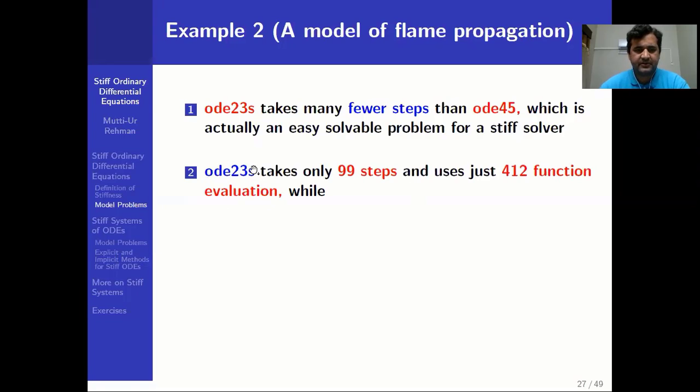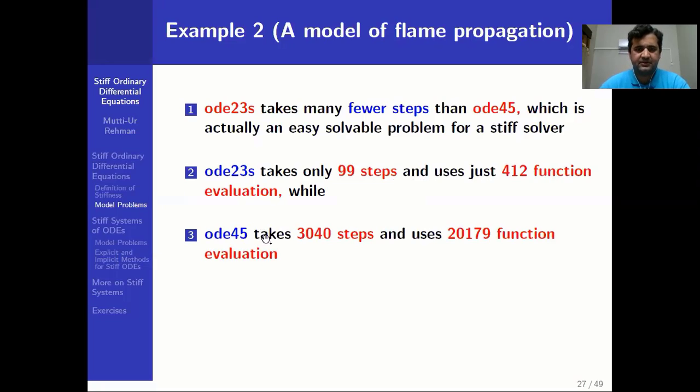Now the point is, this stiff solver will take only 99 steps, for instance, in this particular example, and it will use about 412 function evaluations. But on the other hand, ODE 45 will take 3,040 steps, while it will use 20,179 function evaluations. Okay, so you can see the difference.